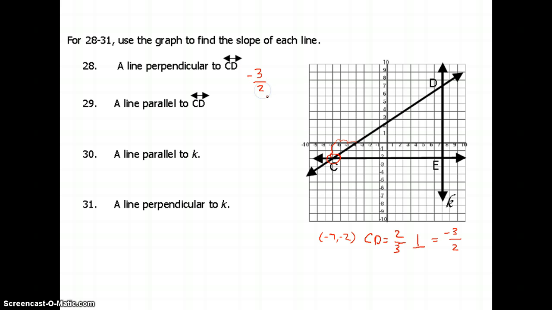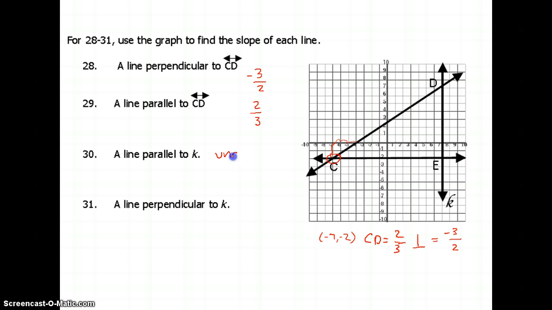Be sure that you read carefully. Okay, parallel to CD, well, that would have the same slope. CD is 2 over 3, so we'll just do 2 over 3. A line parallel to K. All right, well, this line is going straight up and down, you can see. And we know that a line straight up and down is undefined.